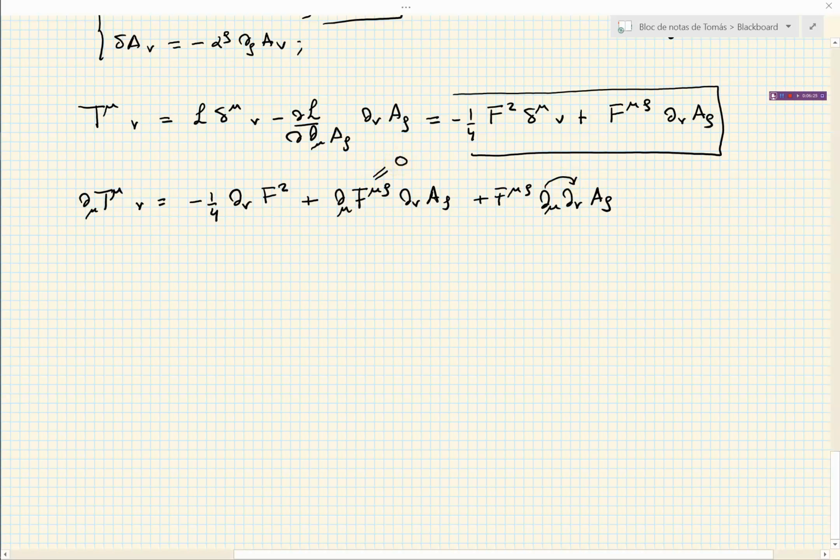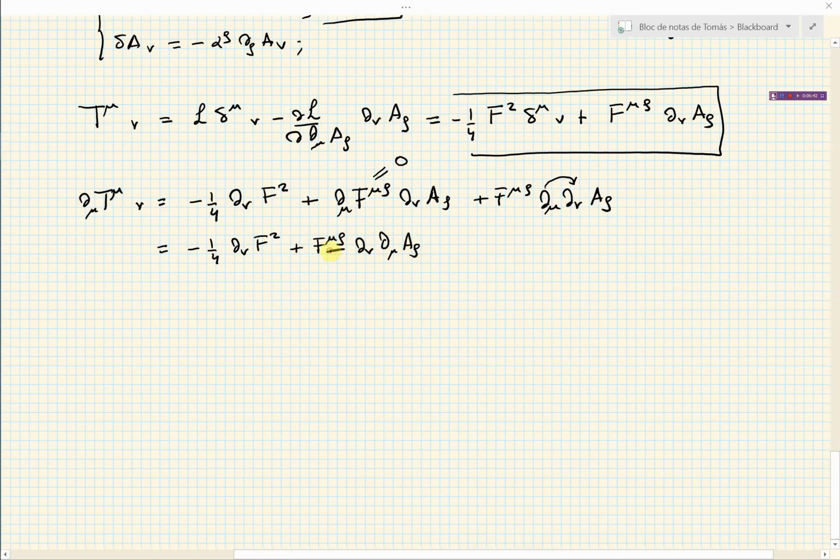This is equal to 0, so we just forget about this term, and then we get partial_nu F squared plus F^mu rho partial_mu A_rho.